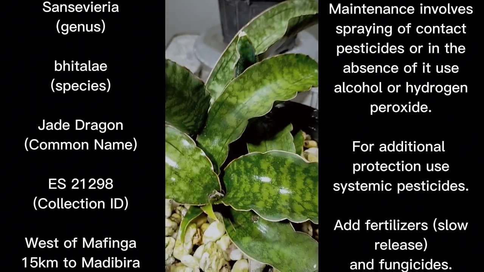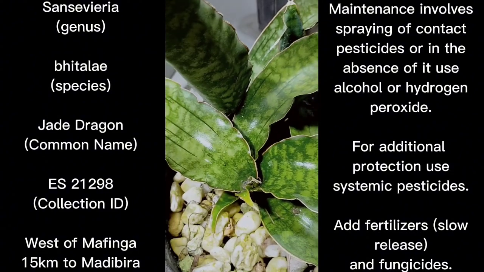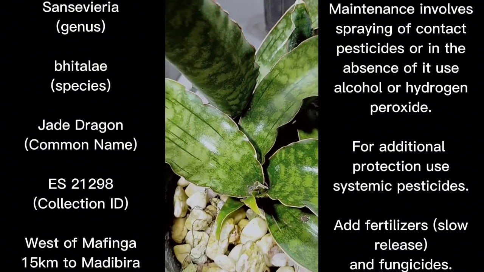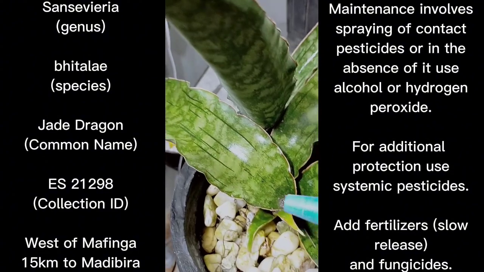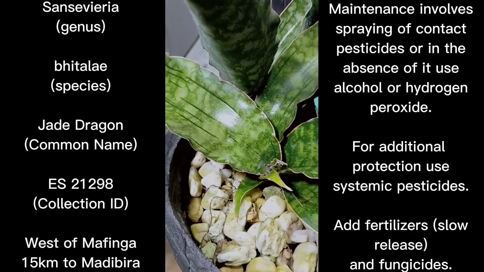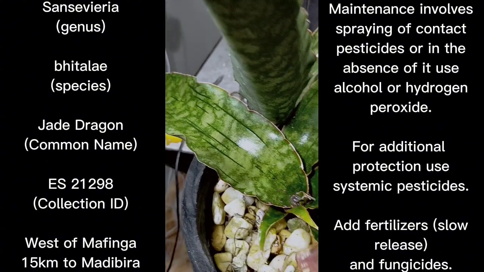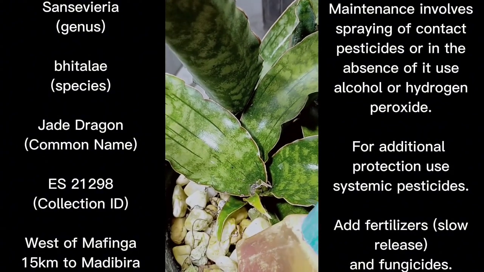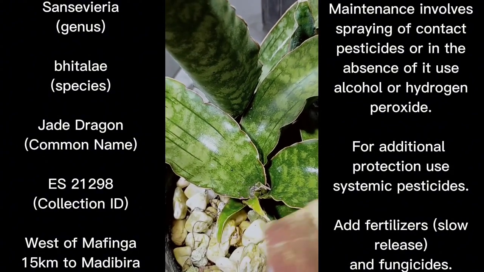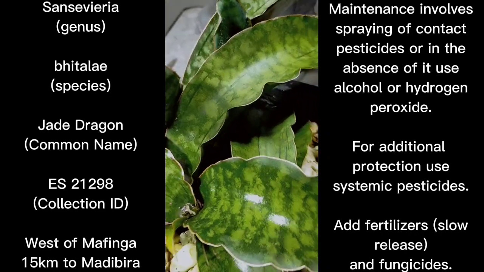I actually use the granule type of pesticide, wherein you just sprinkle them, and then every time you water them, or every time it gets hit by rain, it dilutes, and then the plant would absorb it. The roots of the plant will absorb it, and the plant itself will be poisonous to the pests that try to infest it.